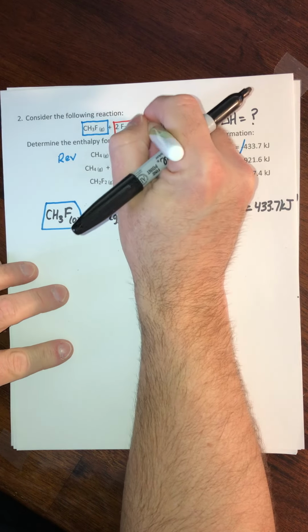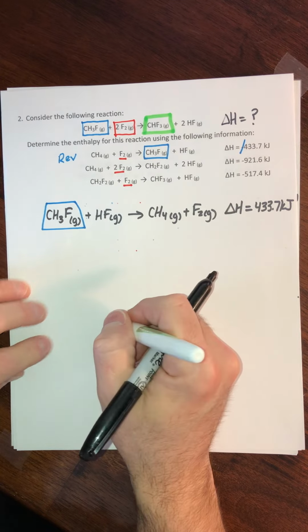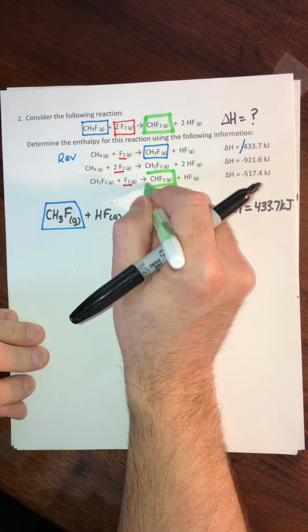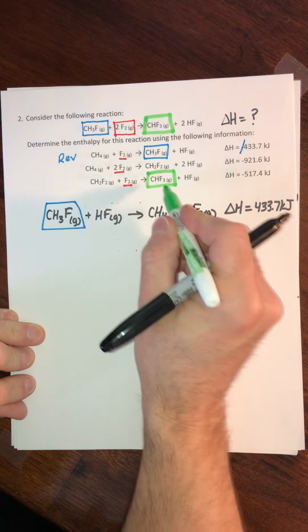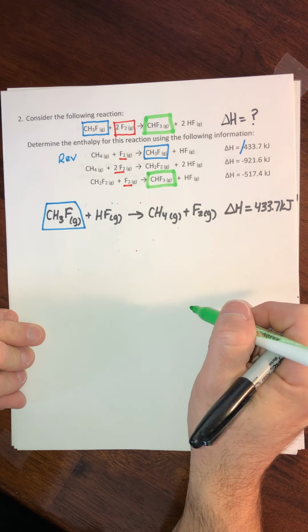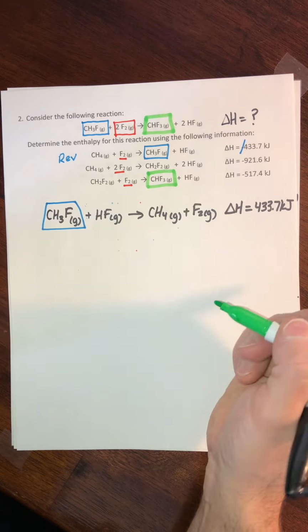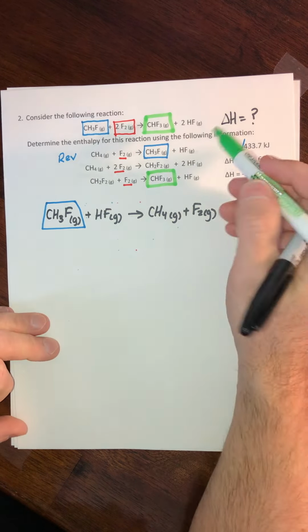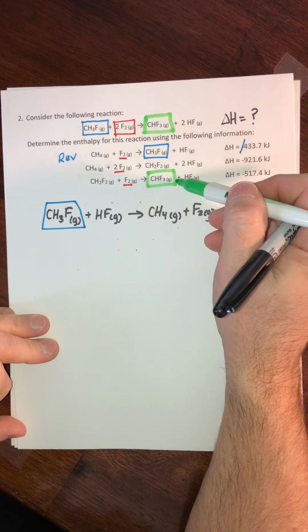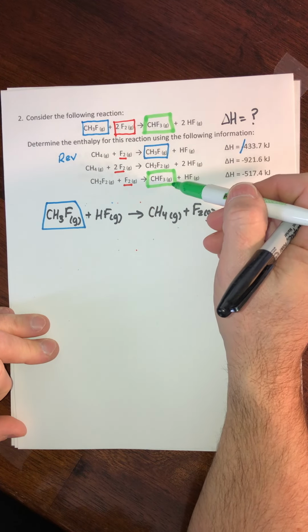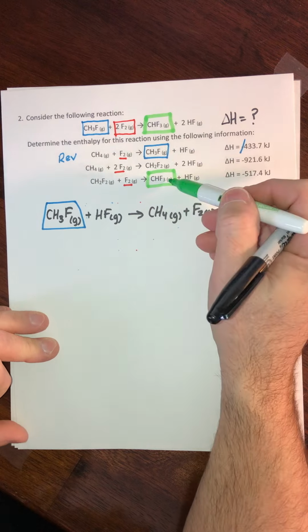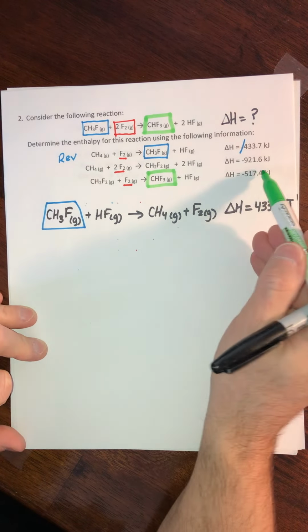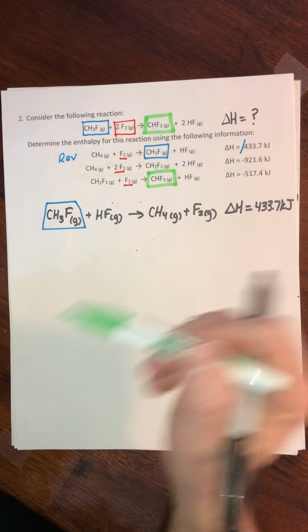So the next chemical in my target equation is CHF3. The only CHF3 in the givens is right here. That's the only place. Now, you need to have it in the right place, and you've got to have the right amount. So, I need it to be a product. It is a product. Excellent. I need one of them, and I have one of them. Even more excellent. It turns out that this last equation is written exactly the way I want it.